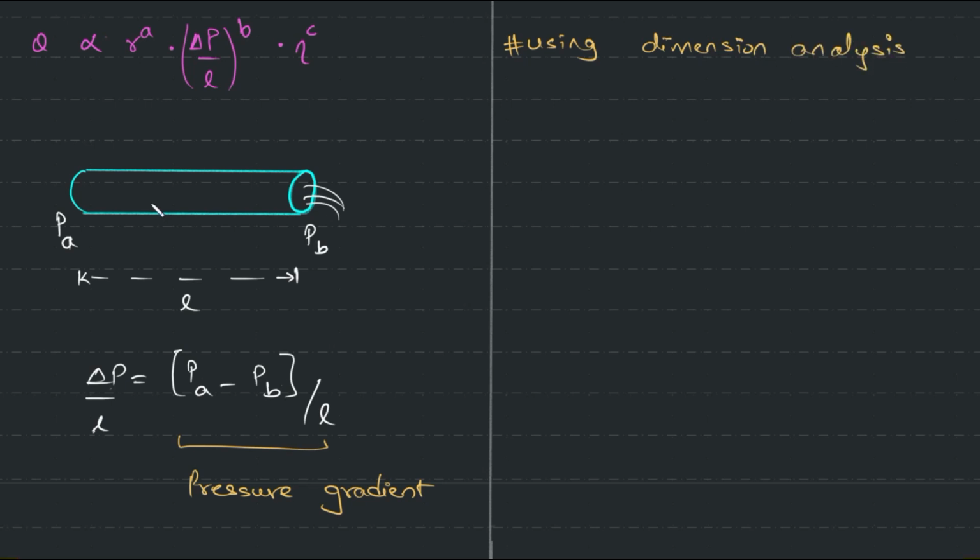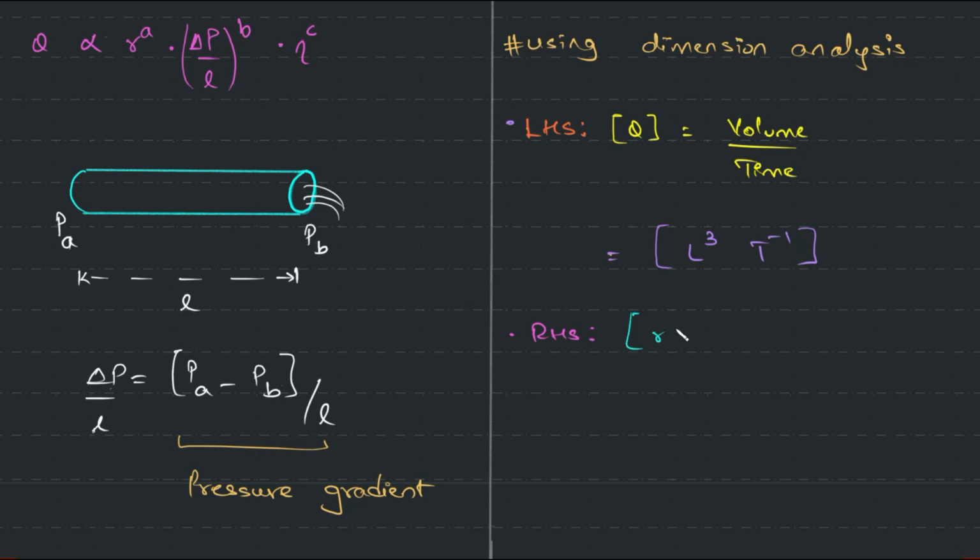So can you tell the LHS, what is the dimension at the LHS? So we have volume by time, rate of flow, right? Volume by time. So volume is L cubed, time is T to the power minus 1. So that would be your LHS. Now we're looking at the RHS.